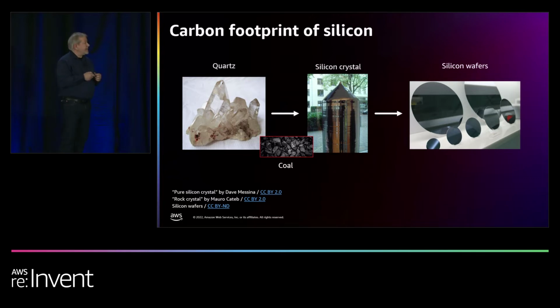So you can imagine, as we take that oxygen off, it combines with the carbon, and we end up with pure carbon dioxide as a byproduct of making pure silicon for devices. Of course, the energy that's required to actually do this and the emitted carbon dioxide are both part of the embodied carbon footprint of these devices. And lastly, we cut the crystal into thin wafers and prepare it for the chip making process.